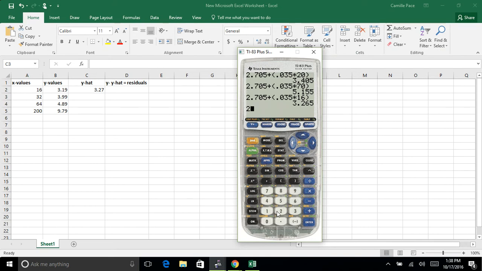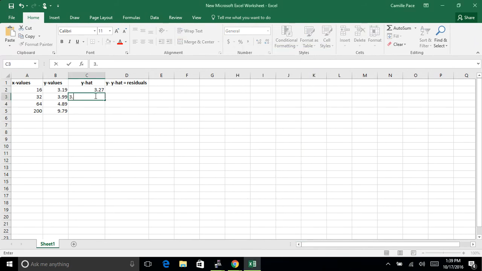Okay, so I'm going to do it again, 2.705 plus 0.035 times 32, and I hit enter. So this is going to be 383. Okay, and I go here.